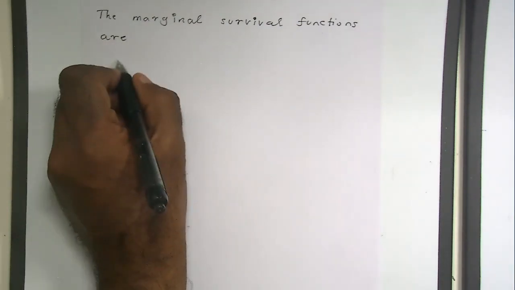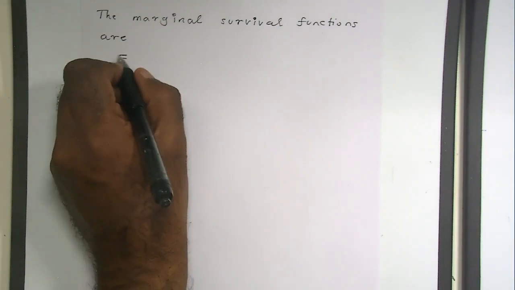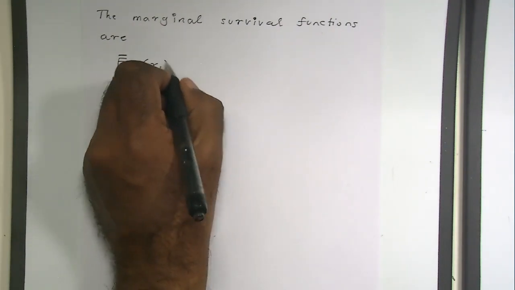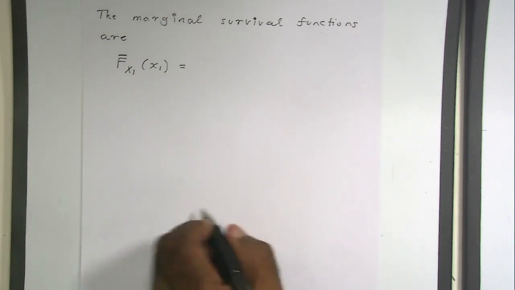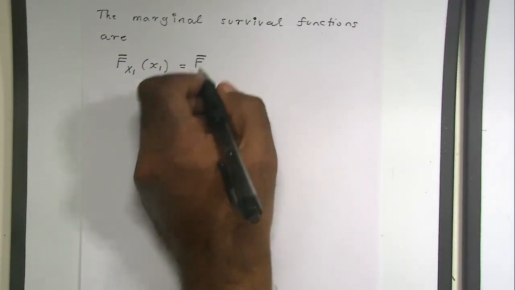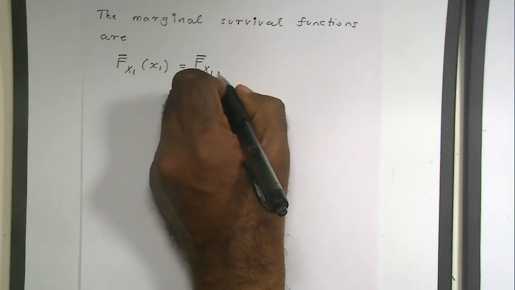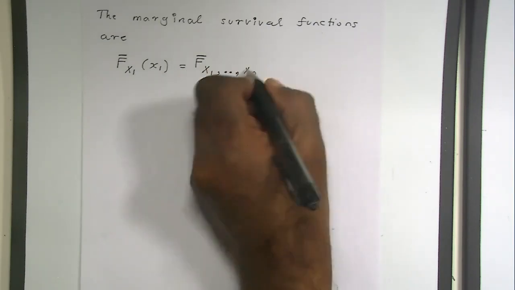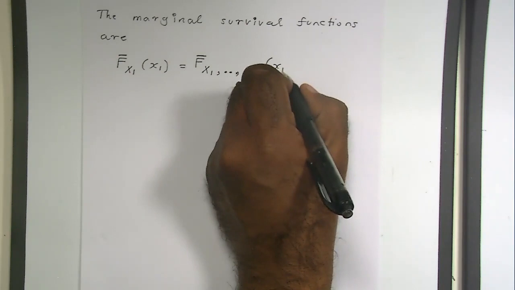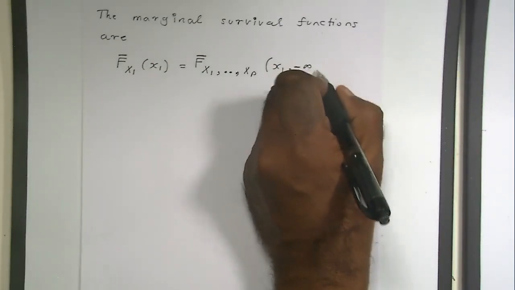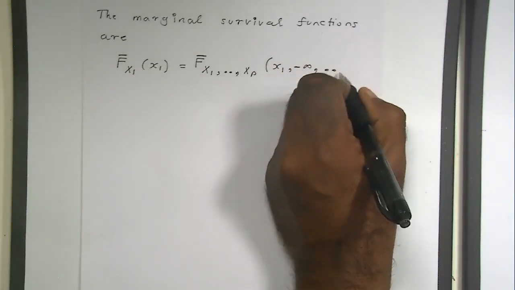For example, to obtain the marginal survival function of x1, all you have to do is write down the joint survival function, and except for the first position, you put minus infinity in all the other positions.